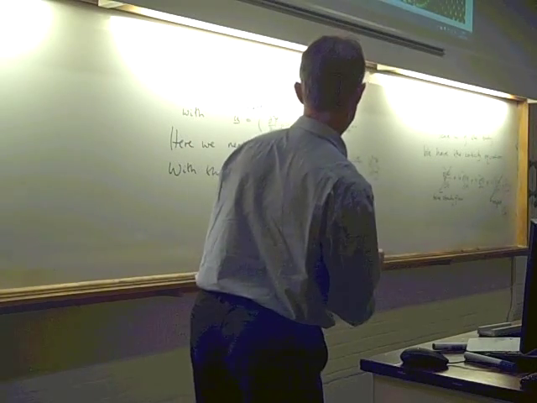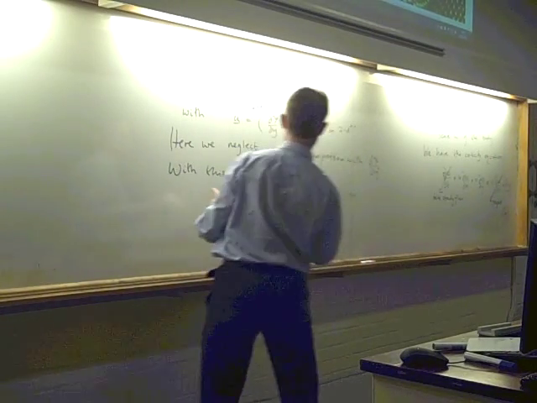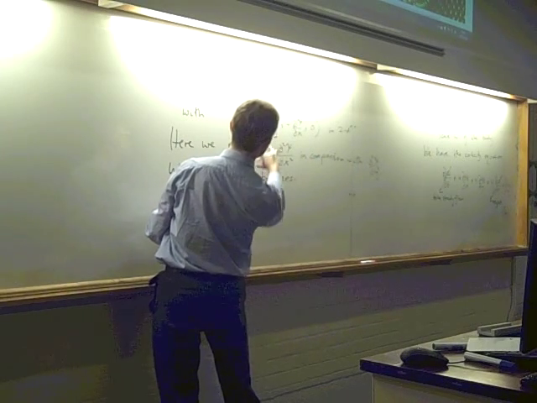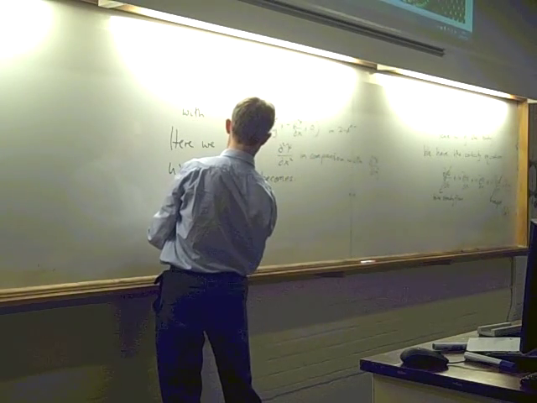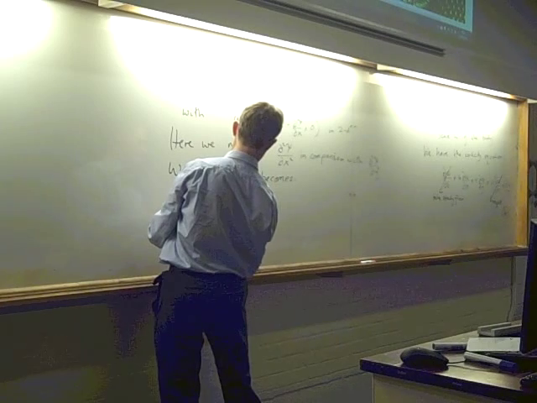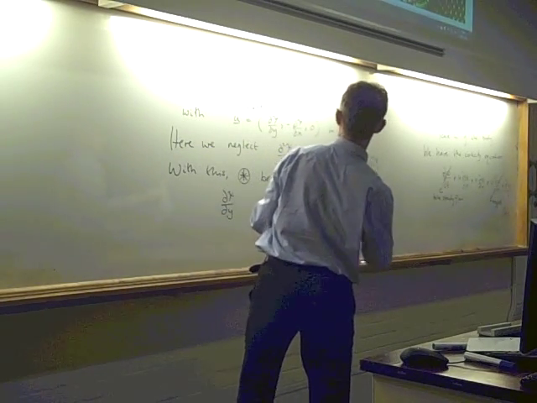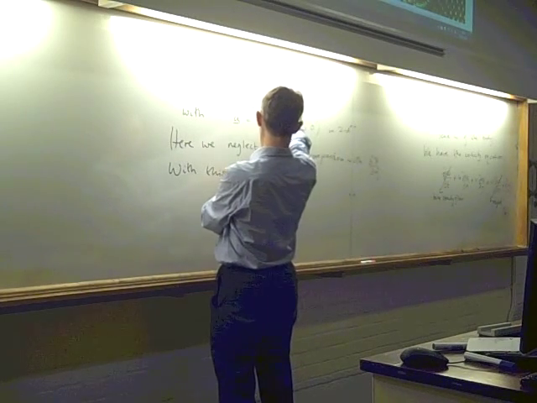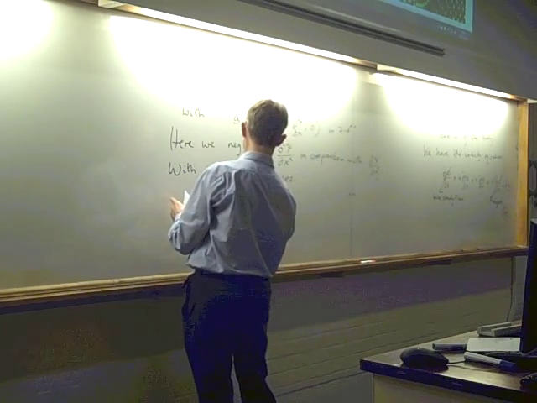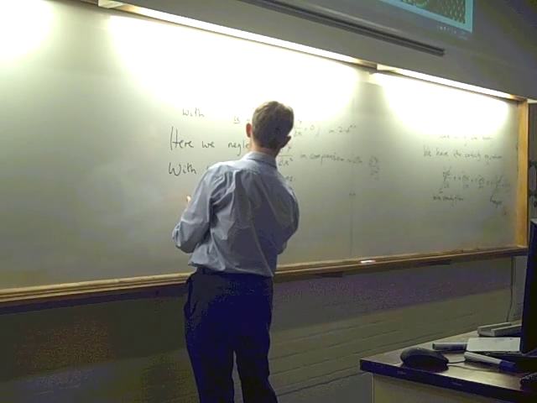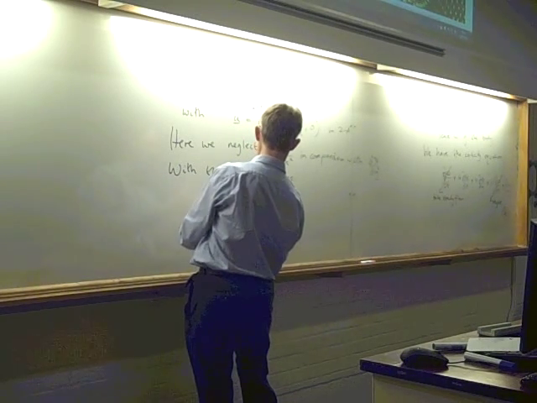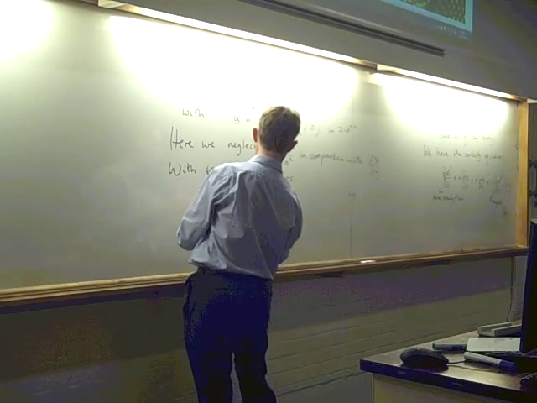So what do we get here? It comes with a mess. u is d psi by dy, and omega is minus d2 psi by dy squared. So we get minus d3 psi by dx dy squared.